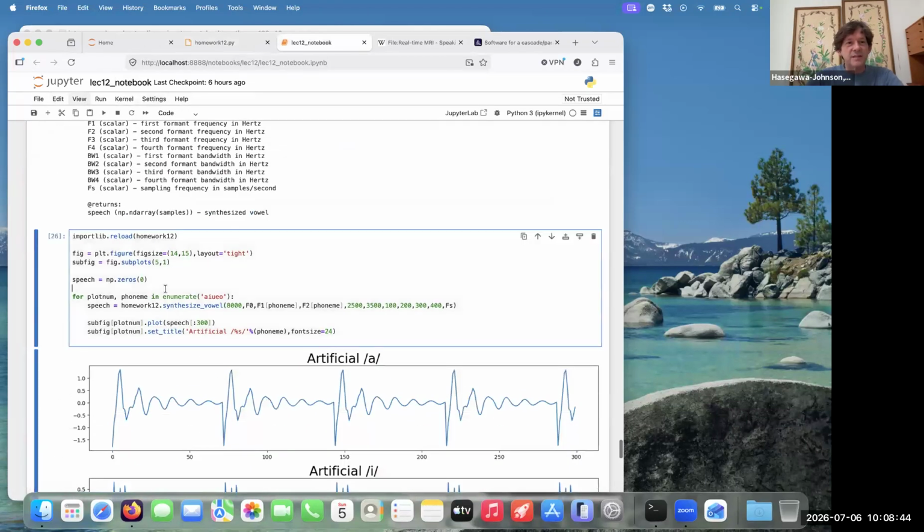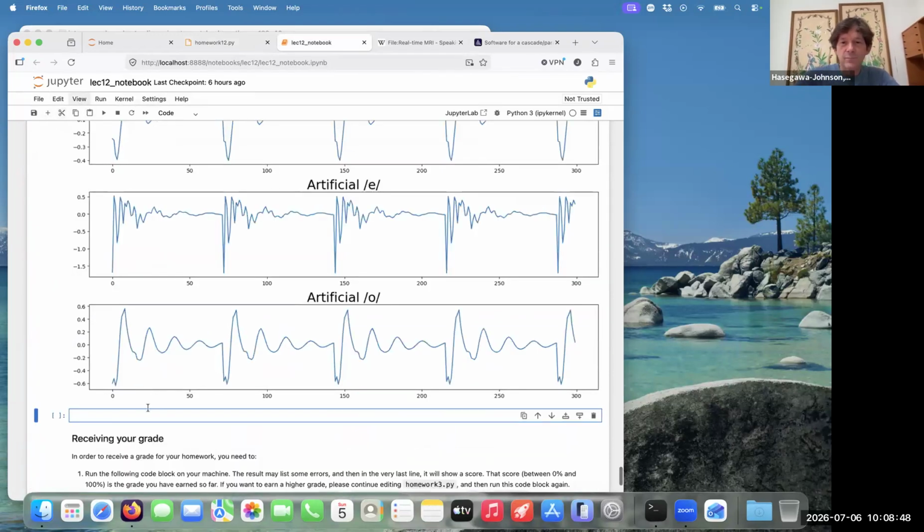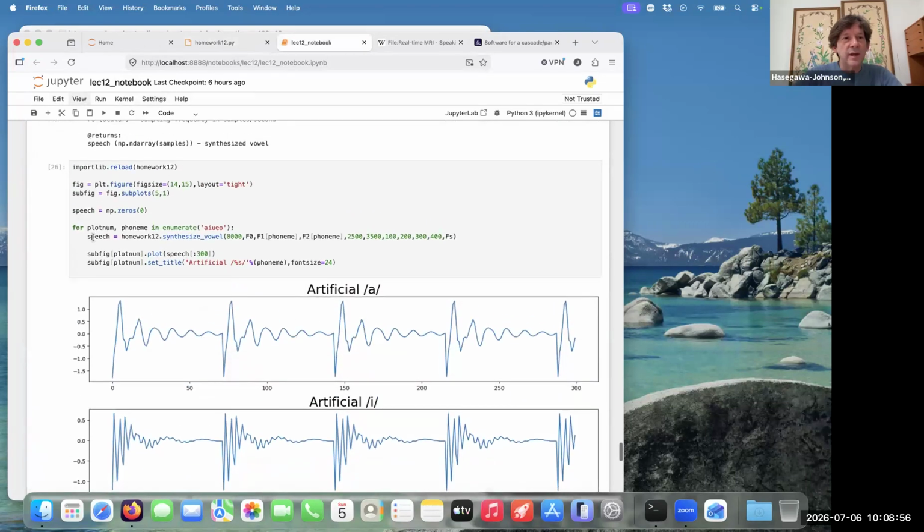Let's just play it to make sure that it sounds right. Speech is being created.